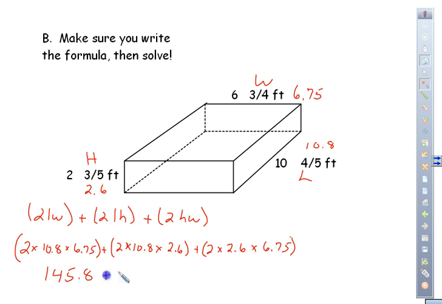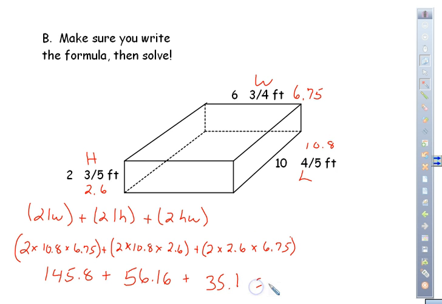and 8 tenths, plus 2 times 10 and 8 tenths times 2 and 6 tenths, which is 56 and 16 hundredths, plus 2 times 2 and 6 tenths times 6 and 75 hundredths, which is 35.1.